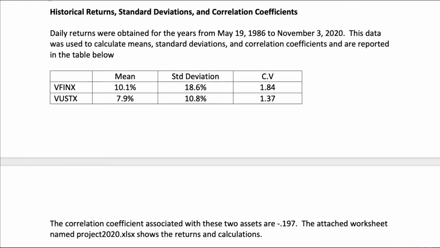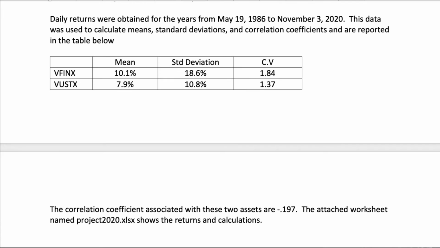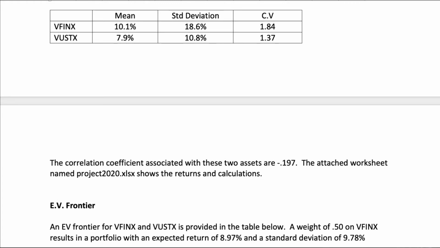So all of those, give those, and also calculate the correlation coefficient. Again, the reason why we get that data from Yahoo Finance is so that we can calculate that correlation coefficient. I also attached, and you could do this too, a worksheet that shows the returns and their calculations.